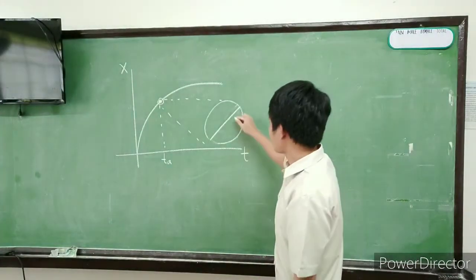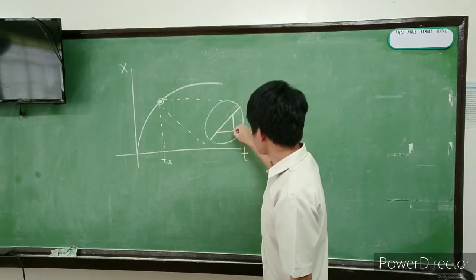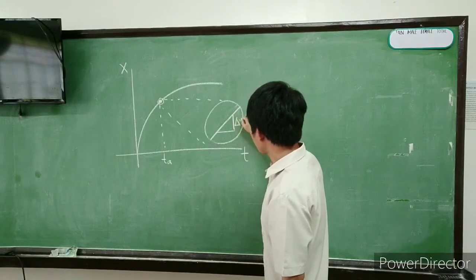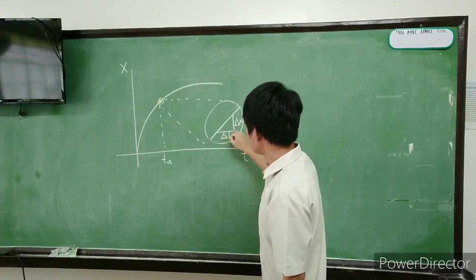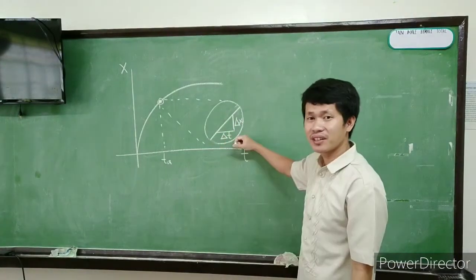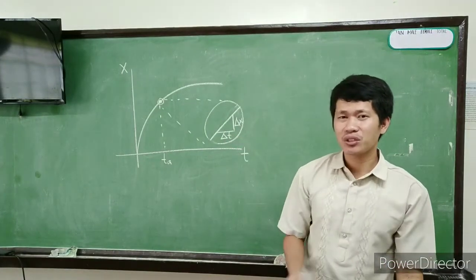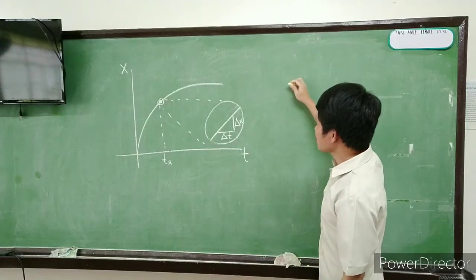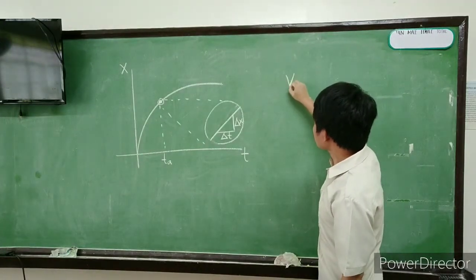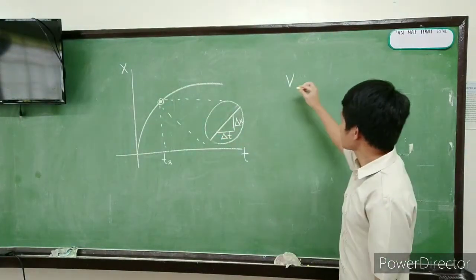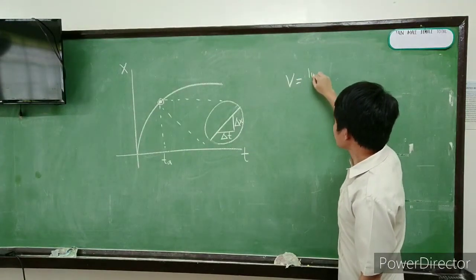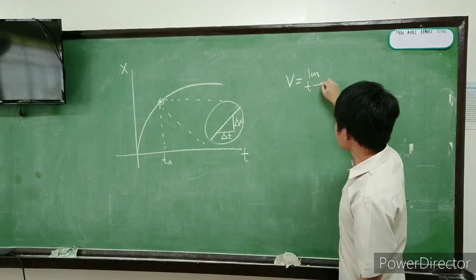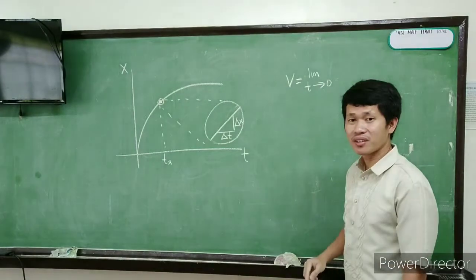Diba? Ano yun? Yung pa din, delta x over delta t. Okay? So, the way a mathematician would write an equation for this ay ito. Velocity will be equal to the limit when time approaches 0.